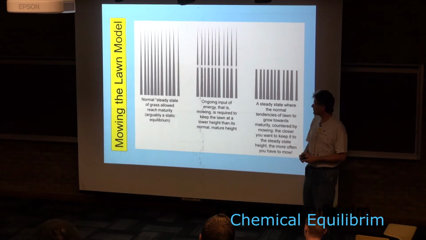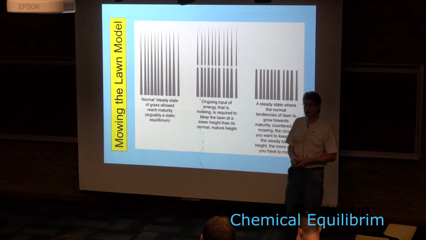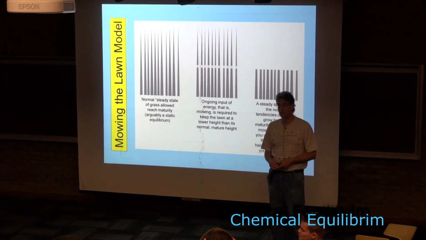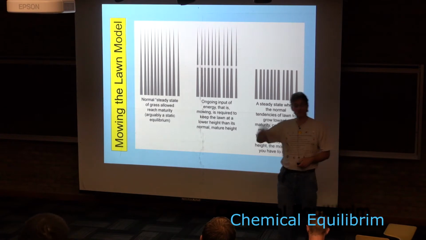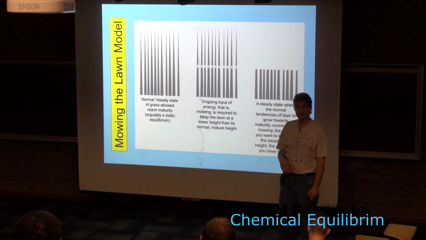Okay? That height represents a steady state. In this case, the energy required to maintain the steady state is the energy we're putting into mowing. If we stop putting it into mowing, then the system moves to its essentially stable point, which is with the grass as high as the grass wants to be.